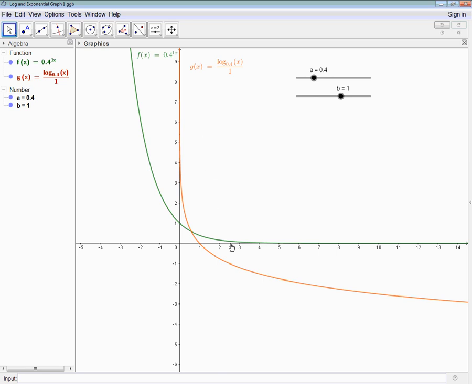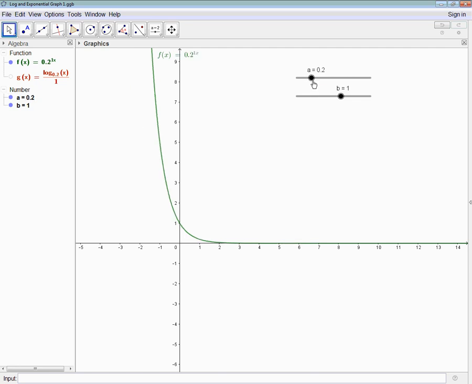And you know what? I'm just going to close this log off for a second. So this is 1/5. Well, 1/5 times 1/5 times 1/5 times 1/5, you're shrinking it by 1/5 each time, or to 1/5 of its original size each time. And so it shrinks really, really fast.